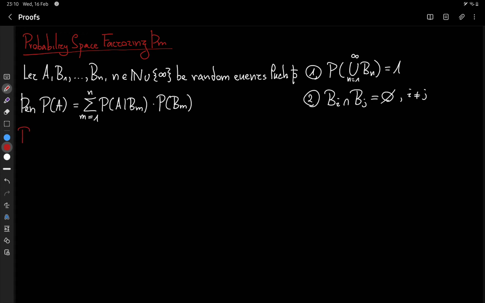Now, how do we prove this? Well, as all proofs so far, it is trivial.